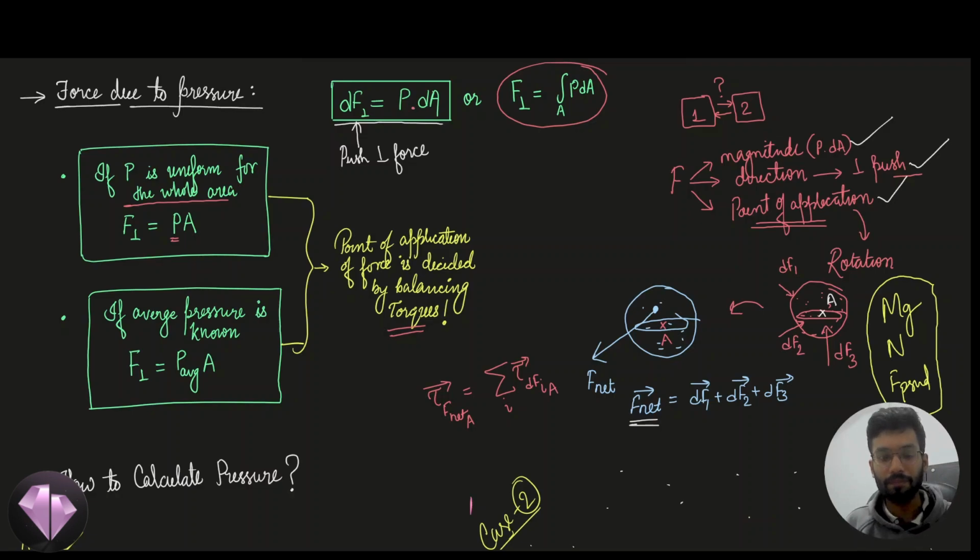Our main goal is to be able to draw the FBD of fluid element, because if you remember the main goal, cylinder बनाओ, Newton's laws लगाओ. In order to apply the Newton's laws, you need to calculate the forces applied on my system, right? So there are only three kinds of forces: mg, normal, and pseudo forces.